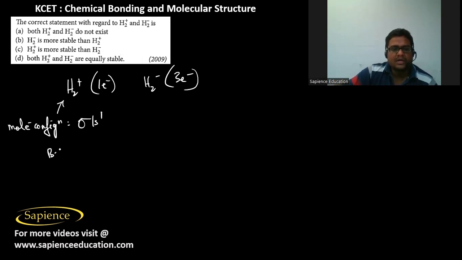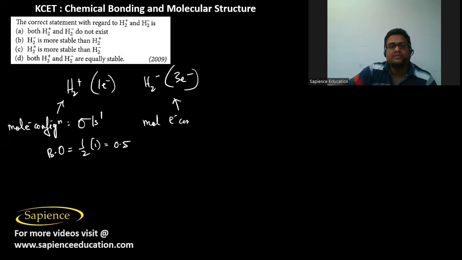So therefore the bond order here will be half of 1, that is 0.5. And the molecular electronic configuration of H2 minus will be sigma 1s2 sigma star 1s1.